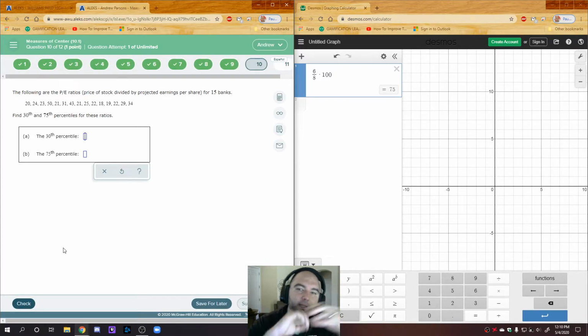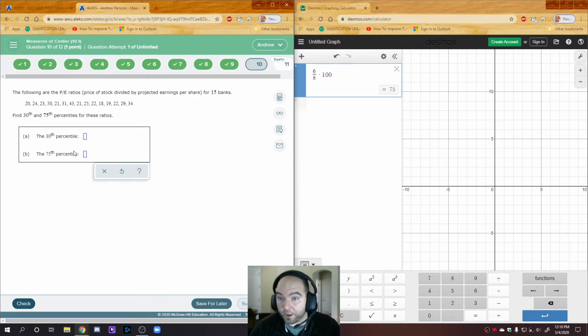So say you lined up all the people or all of something on the planet and said, okay, what's the 30th percentile? The 30th percentile means that you're better than 30% of the other results. Like, on this list, there are PE ratios, price of stock divided by projected earnings per share, for 15 banks.